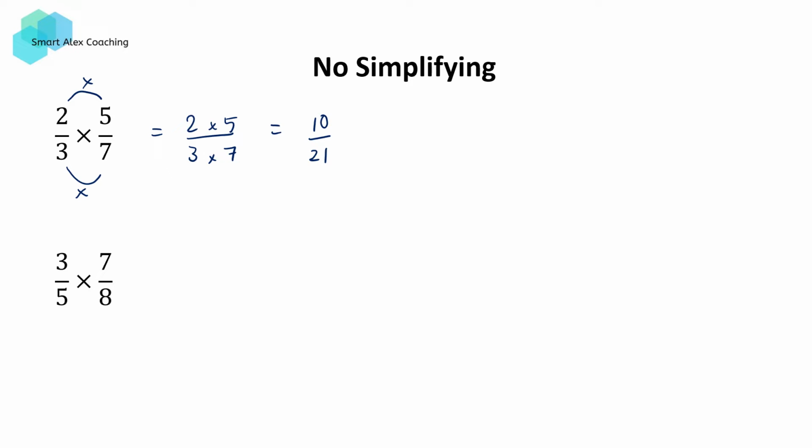For 3/5 times 7/8, we do the same. We multiply the top two numbers and the bottom two numbers together. This would give us 3 times 7 over 5 times 8, which simplifies to 21 over 40. And in both of these questions, we can no longer simplify the answers further because these are in simplest form.